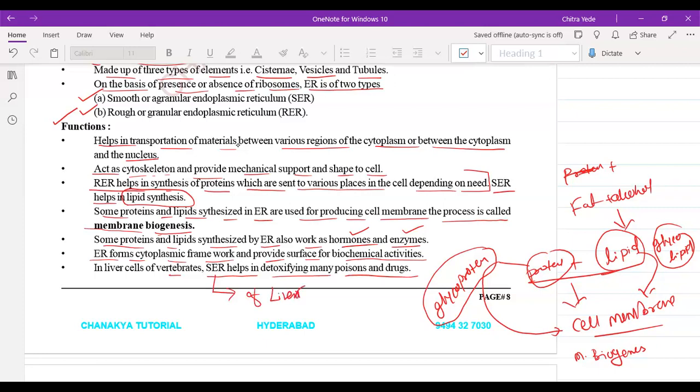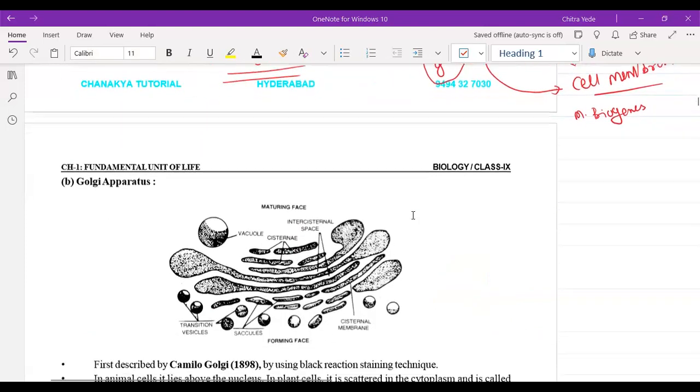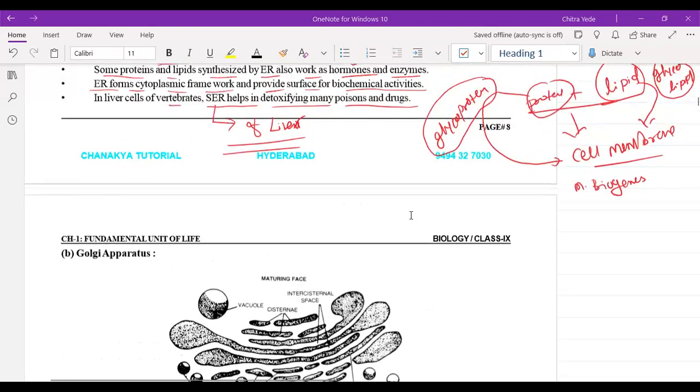Understood? Yes. Okay, take a screenshot then. Take it. Everyone done? Yes, sir. Aman, Harini, Chaitanya. Okay, I want you to repeat that once.